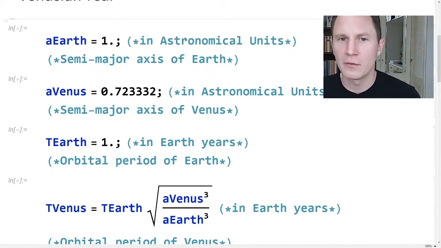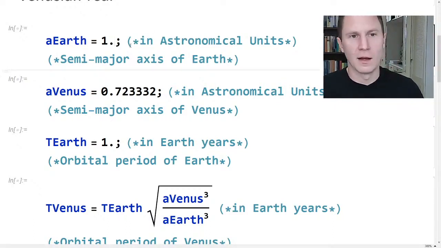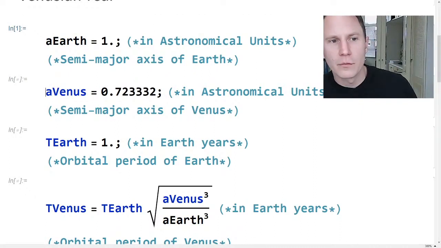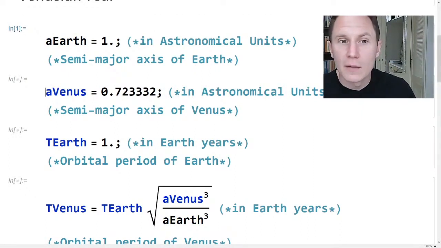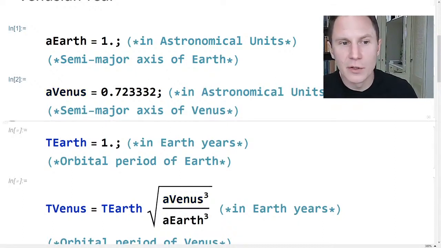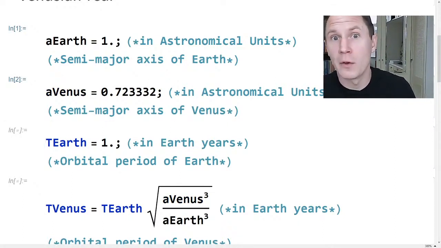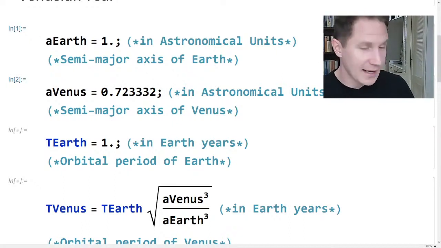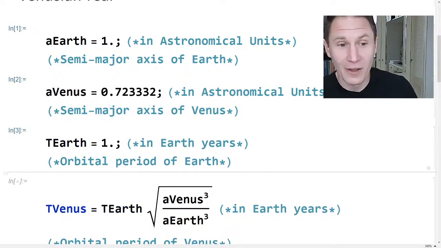It's something like 150 million kilometers. So let me set it to 1 astronomical unit. For Venus, the same number is something like 0.7 astronomical units. For Earth, of course, 1 Earth year in Earth years is 1.